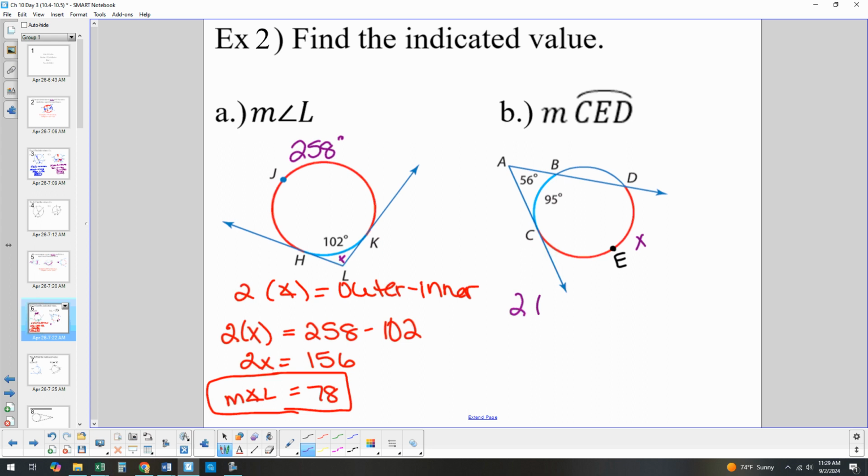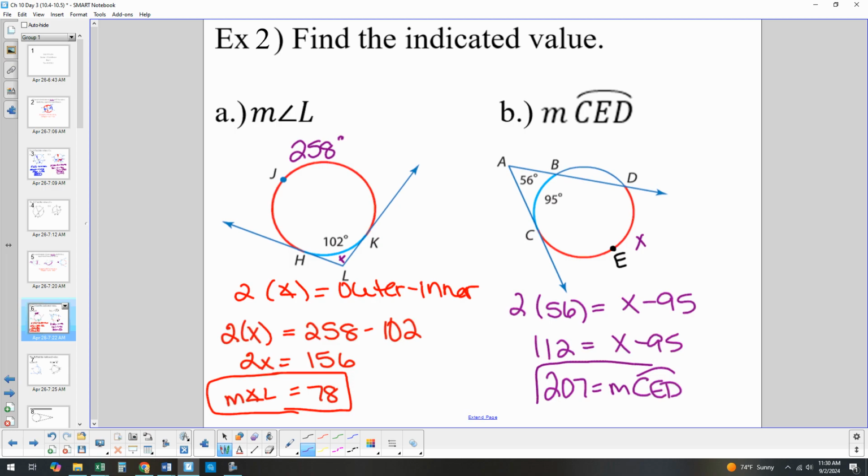So 2 times the angle equals the outer minus the inner. So 2 times 56 is 112. And now I just have to add that 95. And instead of writing X, I'm going to write the measure of arc CED. All right, and that's our answer.